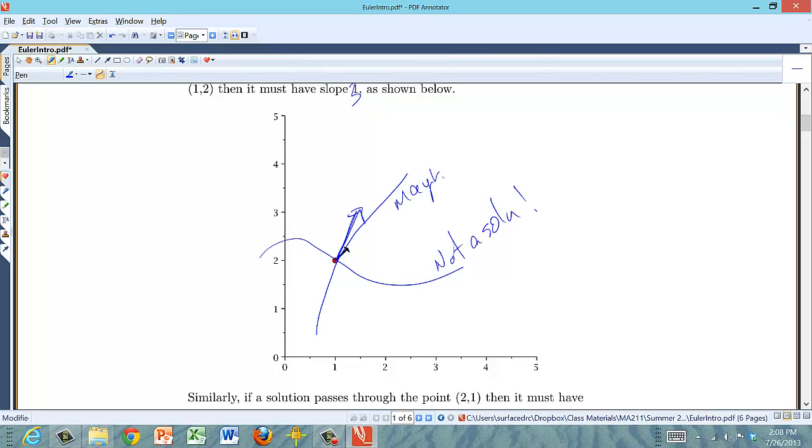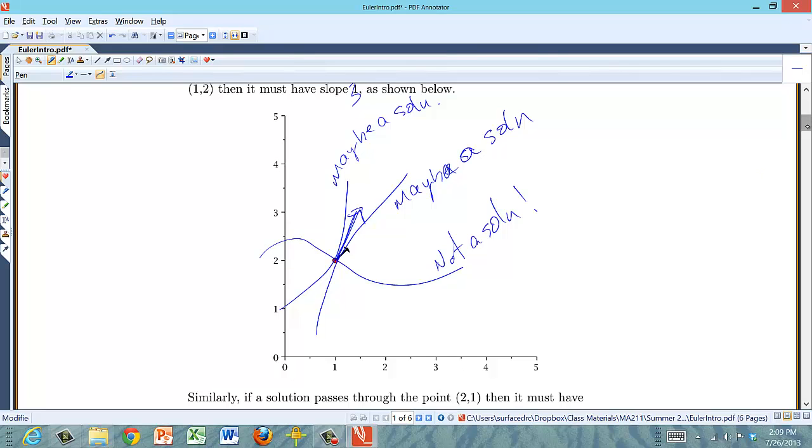That might be a solution. And this function, that might also be a solution. But again, from the differential equation, if you know the value of the solution at a certain time, then you can calculate the derivative of the function.